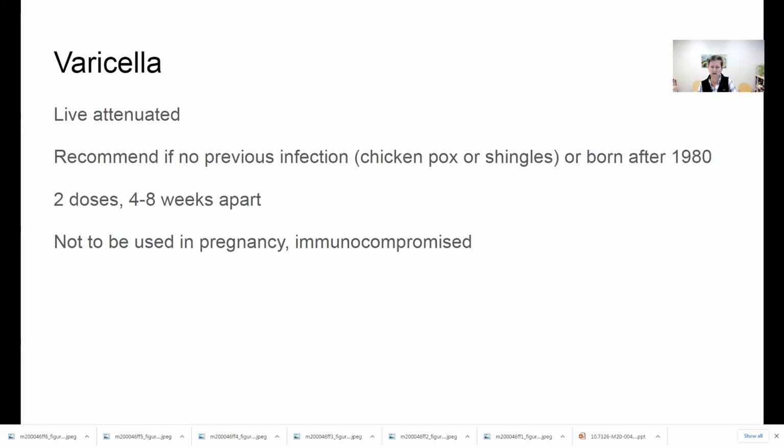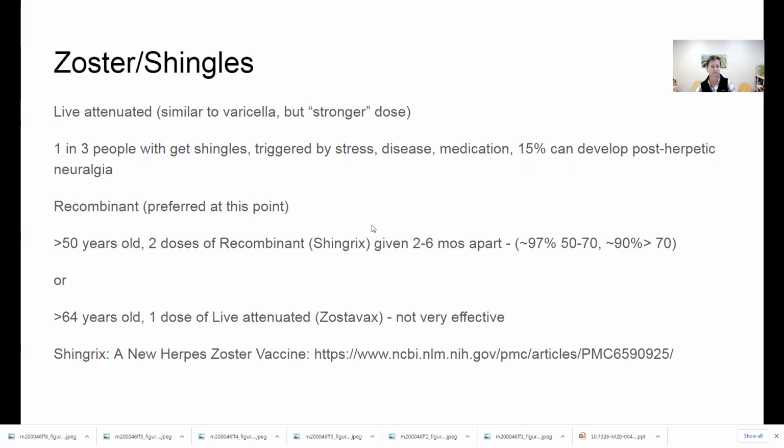Some kids can get pretty sick with it, but most people get all those little blistery pox and a fever and a runny nose, and then kids get better. But as adults, we can get pretty darn sick with chickenpox, so that's a problem. So again, not used in pregnancy or in those that are immunocompromised because of this live attenuated vaccine.